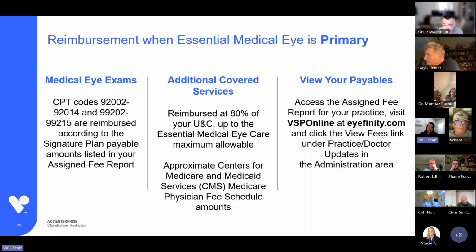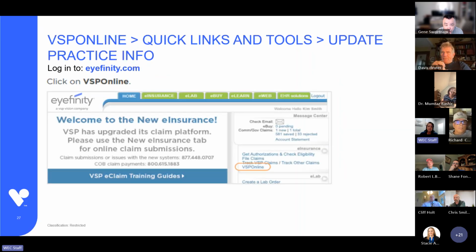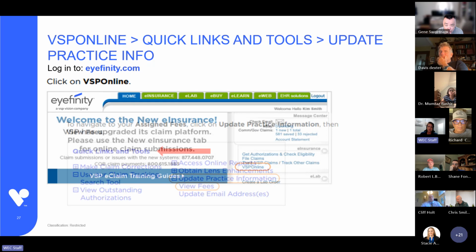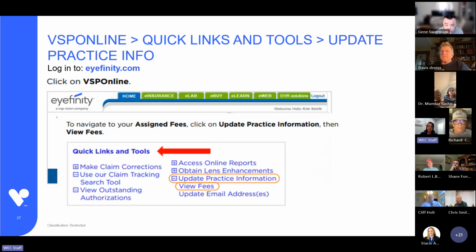So let's talk about how to view what your payables are under the signature plan. That's what you're going to get reimbursed for the exam codes for essential medical eye care, again, when it's primary. You're going to go to vsponline.affinity.com and click quick links and tools. You'll click update practice information, and underneath that there's view fees.